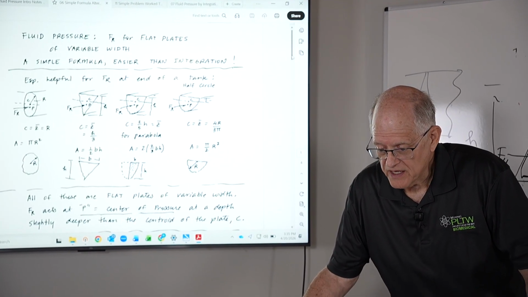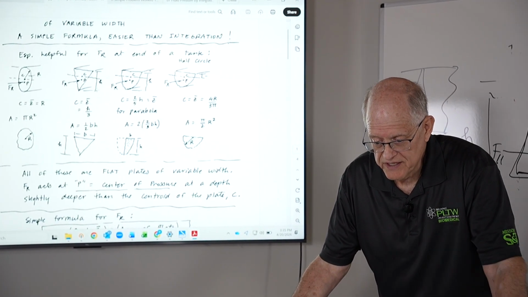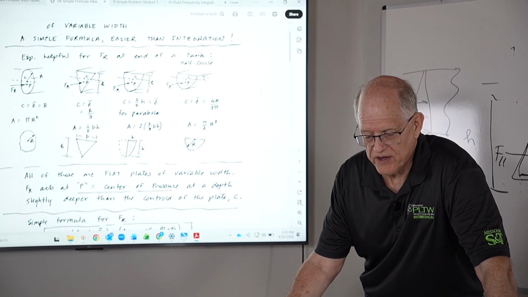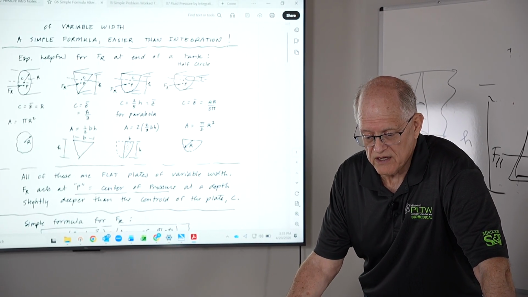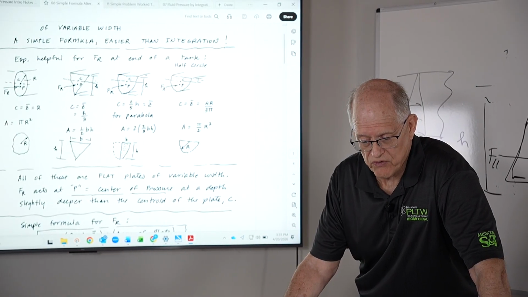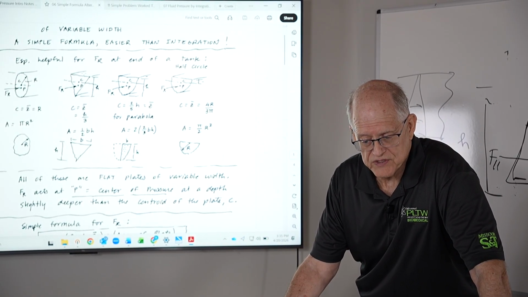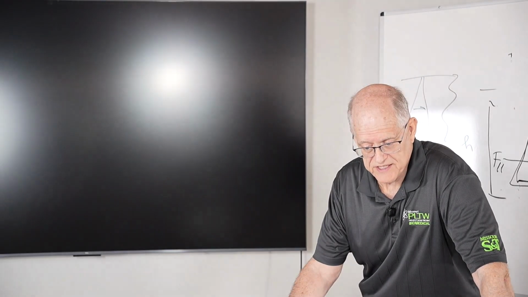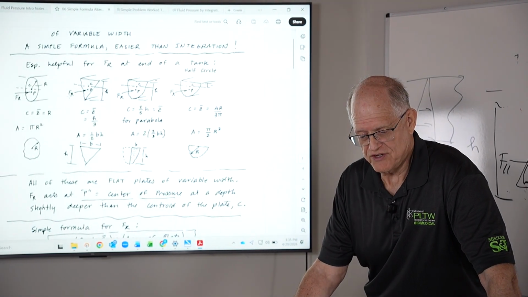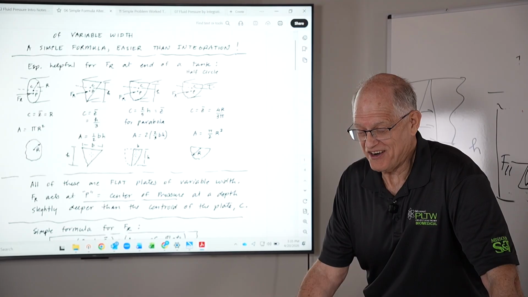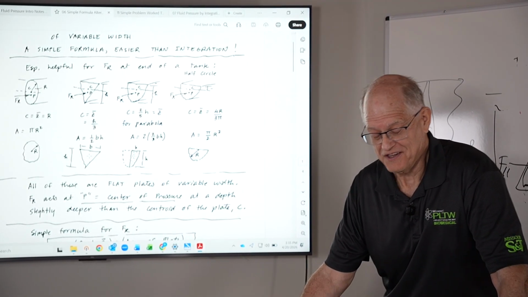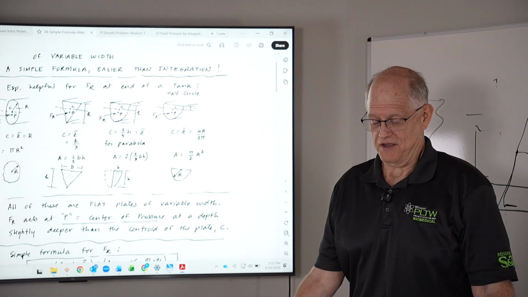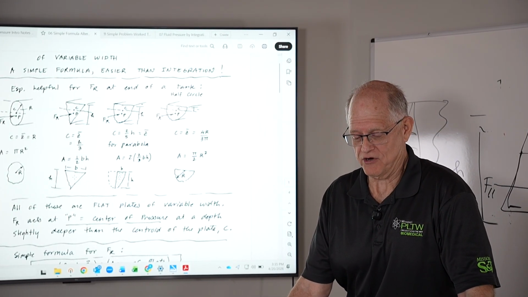If you're looking at a triangular plate, our gamma z bar area formula is gamma, which is 62.4, times z bar, which is the distance down to the centroid of the triangle, and then the area, of course, is easy, 1/2 base times height. You get the same FR using our gamma z bar A formula without integrating. So who in their right mind would integrate if you didn't have to? But if you're looking for a good time, set up the integral and do it.